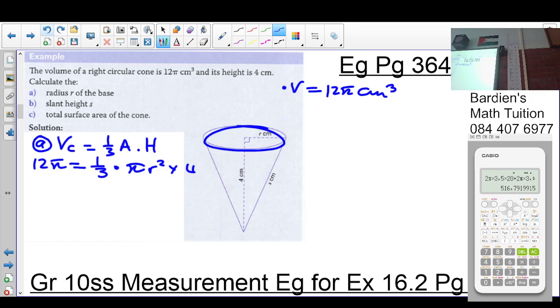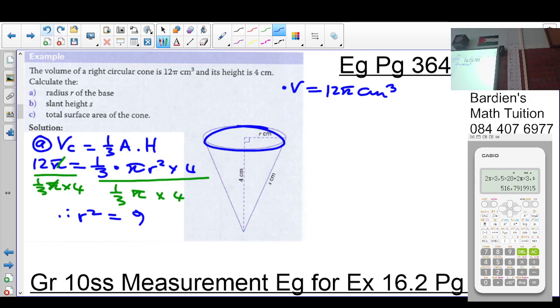How do we get r squared on its own? Divide both sides by a third pi times 4. Pi's cancel, of course. 12 divided by 4/3 is 9. So therefore, r squared is going to be 9.